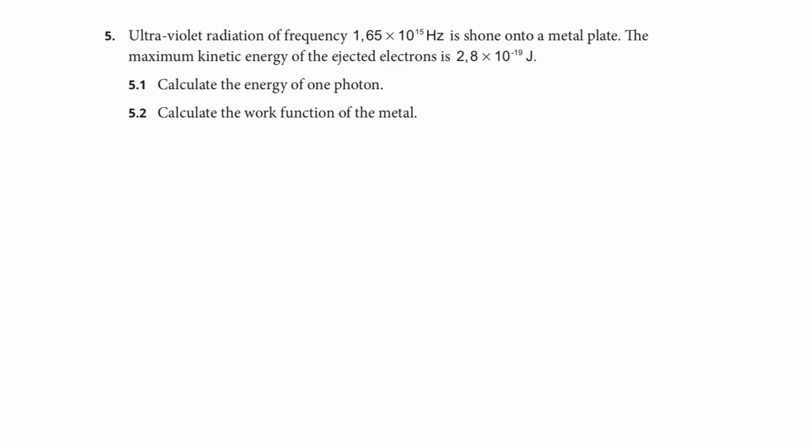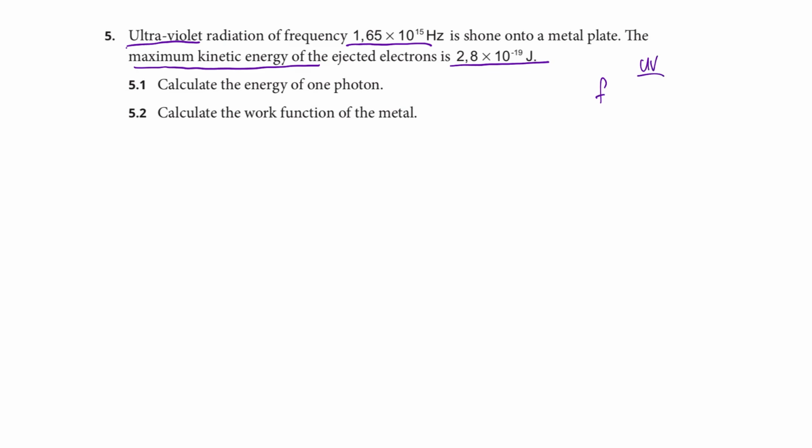The next question says that ultraviolet radiation of frequency 1.65 times 10 to the power of 15 Hertz is shone onto a metal plate. The maximum kinetic energy of the ejected electrons is 2.8 times 10 to the power of negative 19. So the information you have here is of UV light, right?